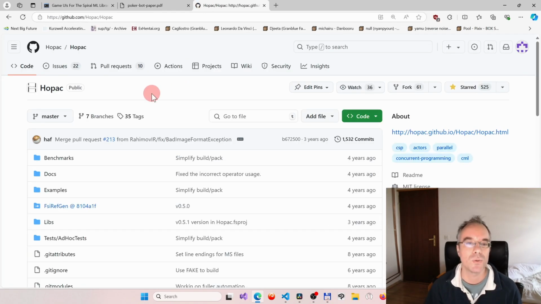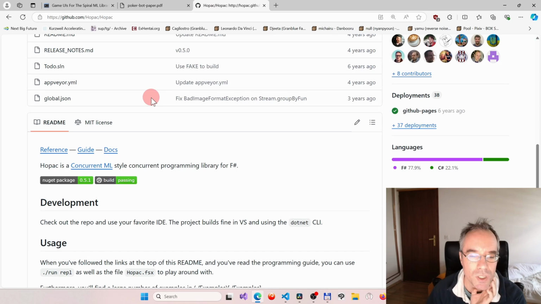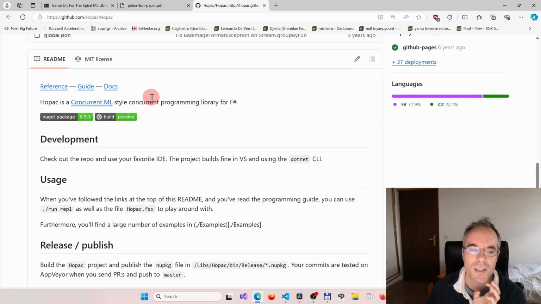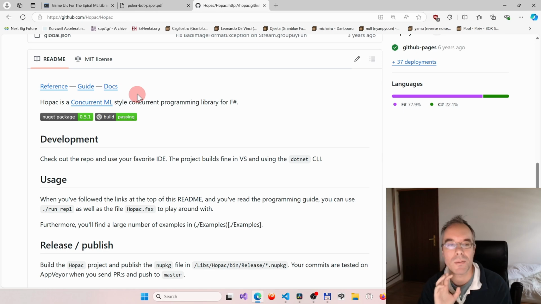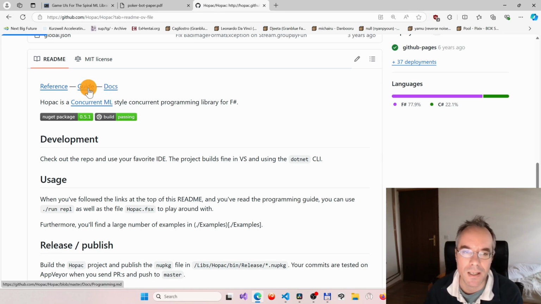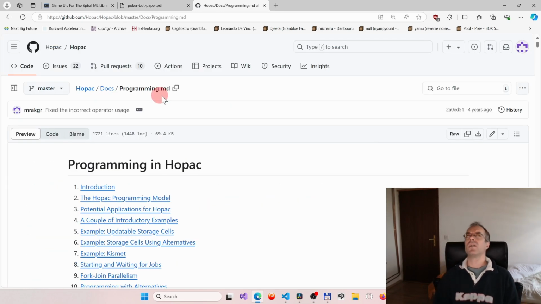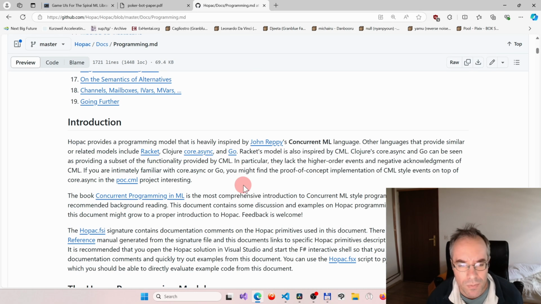F# has a really good concurrency library called Hopac, which implements the standard ML concurrent style. It's a concurrent ML style concurrent programming library for F#. It's what I used to create the language server for Spiral, and it made it much easier.